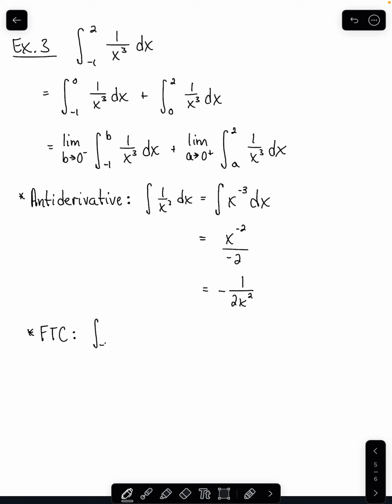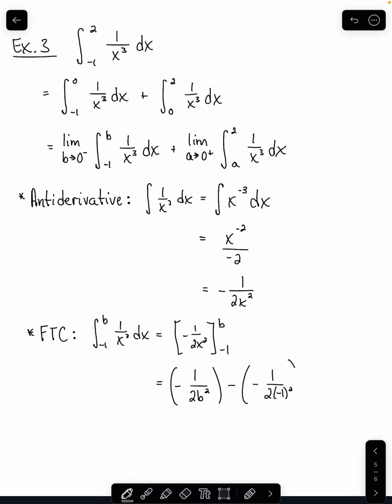So starting with the first one, from -1 to b, this gives us -1 over 2x squared evaluated at b minus the evaluation at -1, which gives us -1 over 2b squared minus -1 over 2 times -1 squared. -1 squared is, of course, simply 1, leaving us with 1/2, where the subtraction and the negative cancel out, leaving us with -1 over 2b squared plus 1/2.